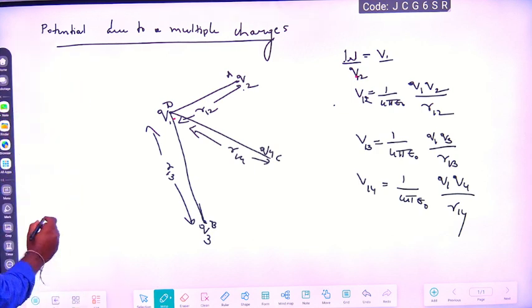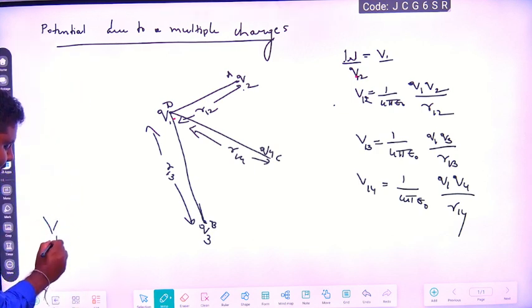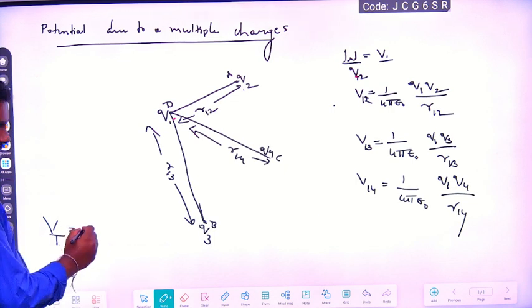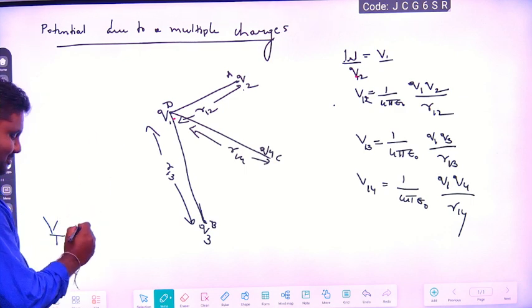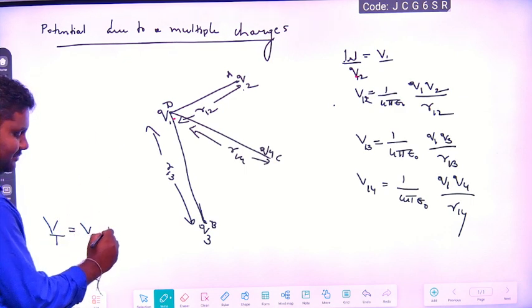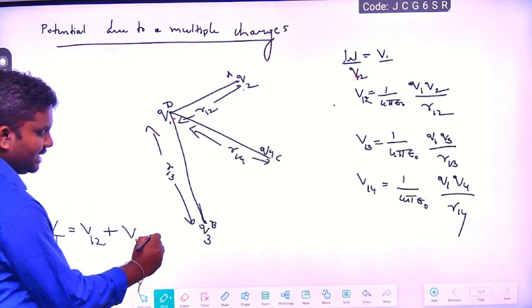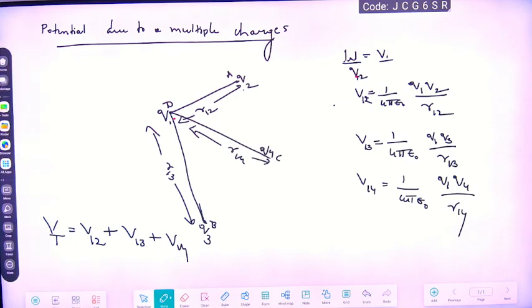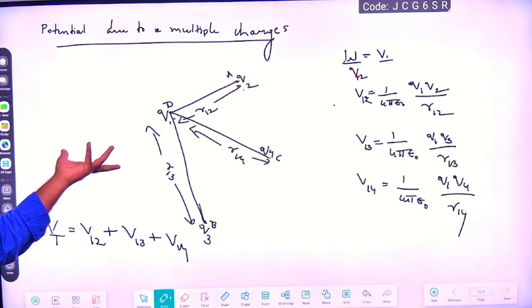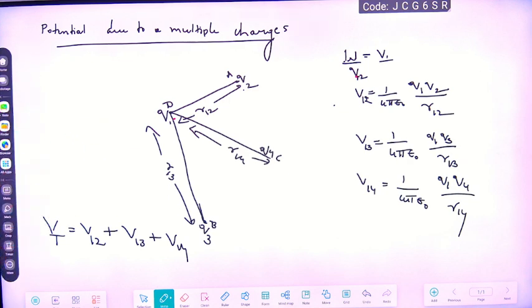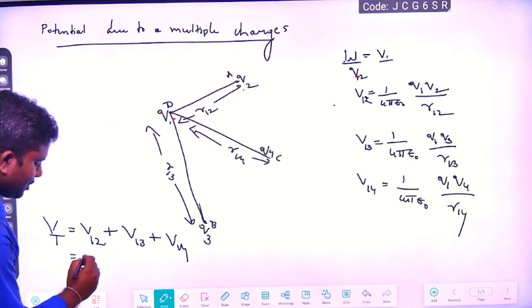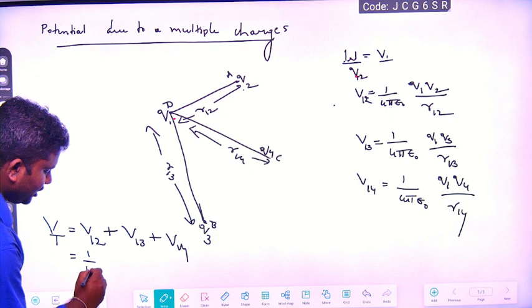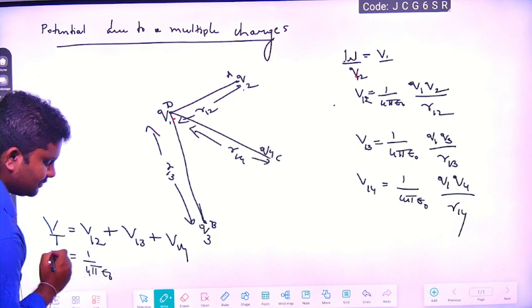Now, what is the total potential? V total is V12 plus V13 plus V14. Potential is a scalar, there is no direction. Now, V12 is 1 by 4 pi epsilon naught, which is common, I will take it outside.